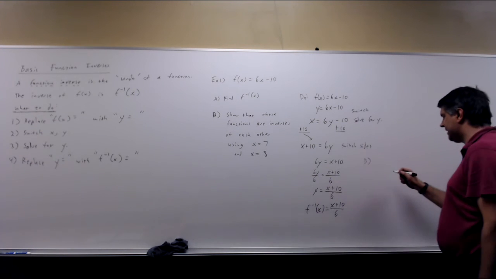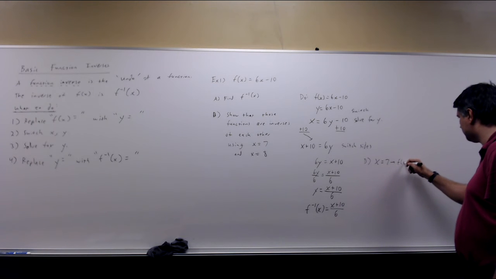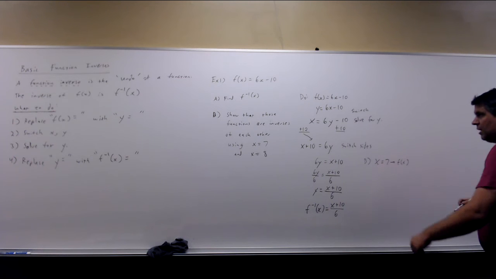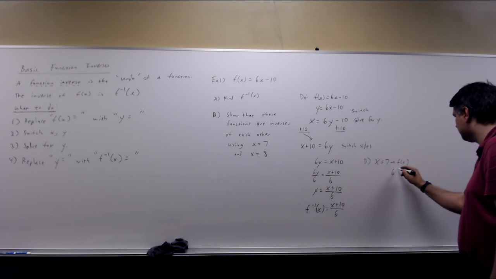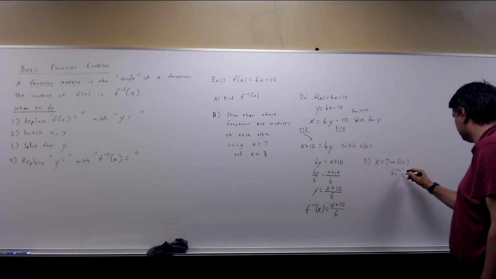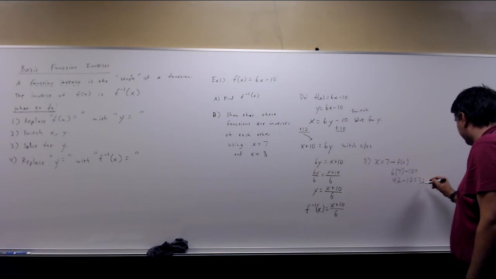All right, B. I'm going to plug x equals 7 into f of x. So that's going to be 6 times 7 minus 10. That gives me 42 minus 10, which is 32.